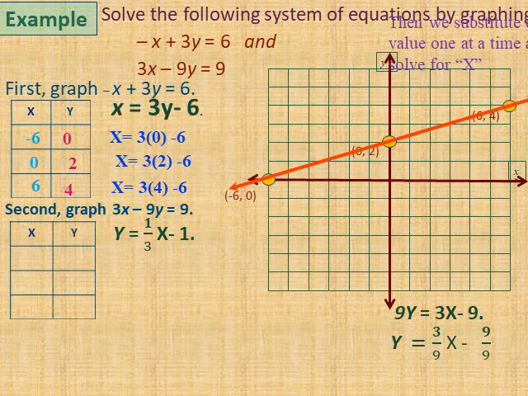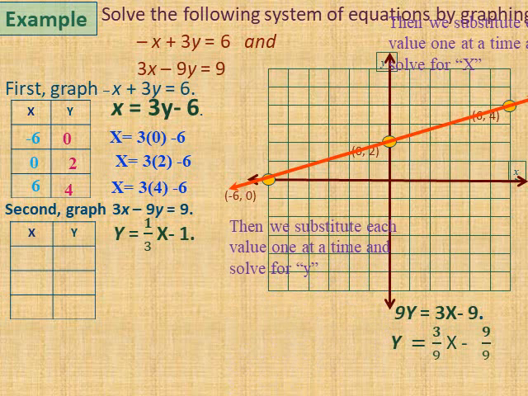When you put values for x, try to choose all values of x from the table of 3, because the denominator is 3. So let's start with the point x equal 0. 1 over 3 times 0 minus 1 will be negative 1.